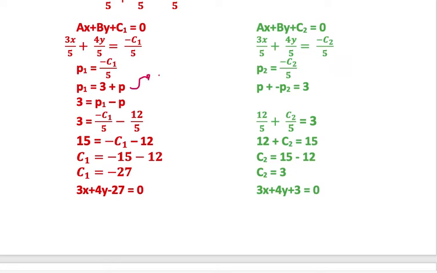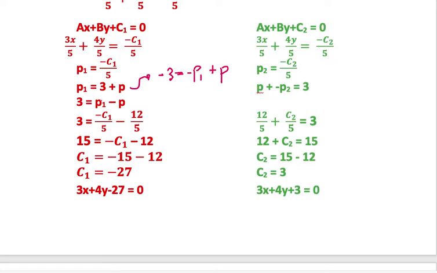So, it will become negative 3 equals negative P sub 1 plus P. You can operate using this equation. However, I want to make 3 positive. So, that is why I use 3 equals P sub 1 minus P. Yan, they are still equal.